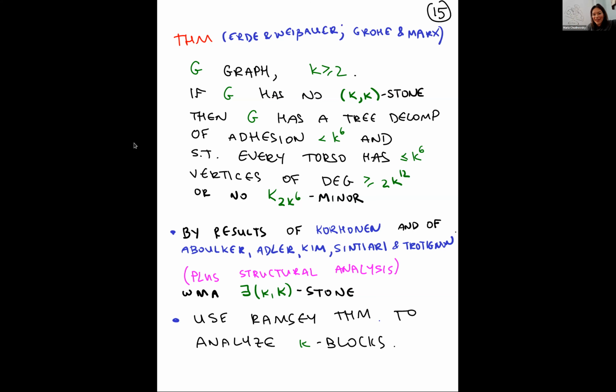So if only you didn't have a KK stone, then it's done by previous results plus this theorem that tells you that you can put them together in this nice tree decomposition. So now suddenly the question becomes, what induced subgraph does a KK stone contain, right? All we need to come up with is a full list of induced subgraphs that precludes you from having a KK stone. And there are tricks for that. People know what to do for that. You use Ramsey theory a lot.